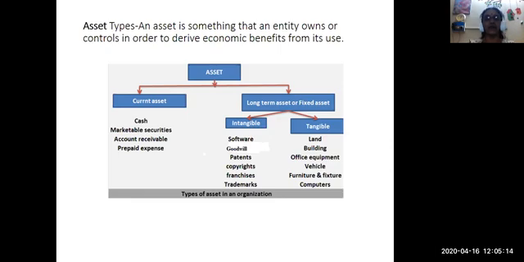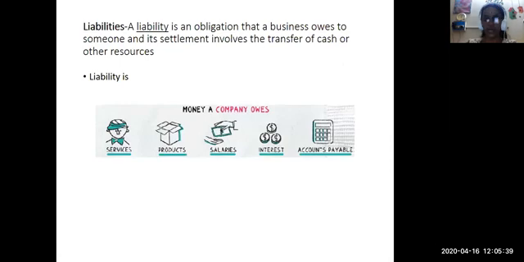Intangible assets are those assets which do not have any physical existence but still give benefit to the business. They are software, goodwill, patents, copyrights, franchise, trademarks, etc. These are the intangible assets.